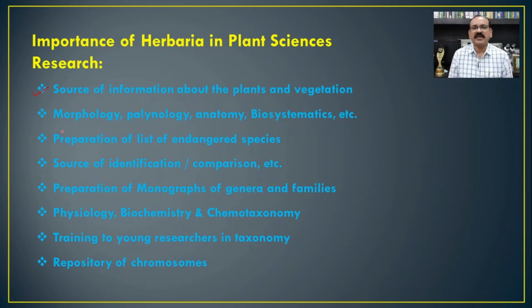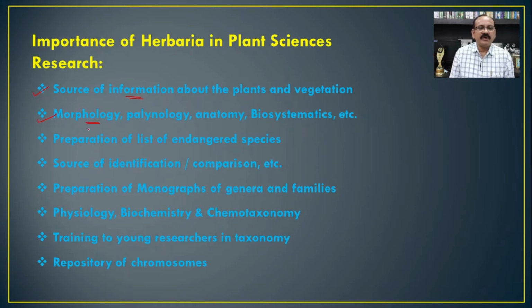In such a situation, he or she can refer to the available specimens from the different herbaria of that area, and hence it provides complete information about the plants as well as the available vegetation.